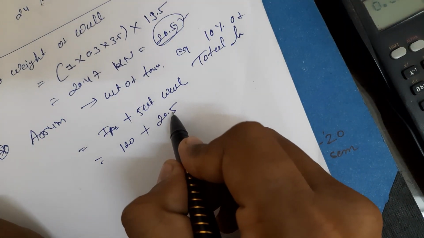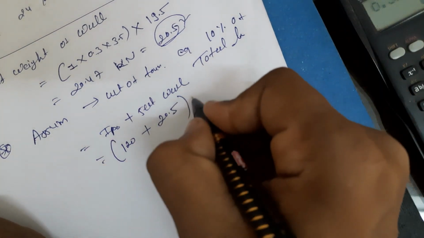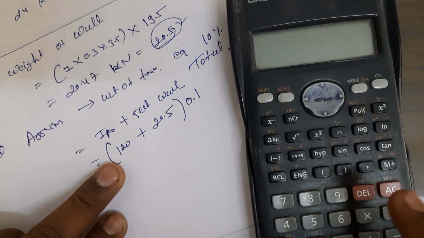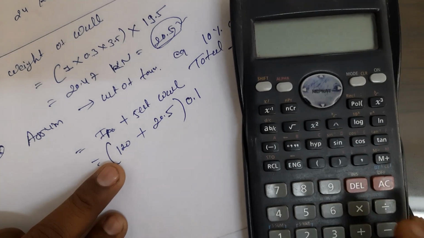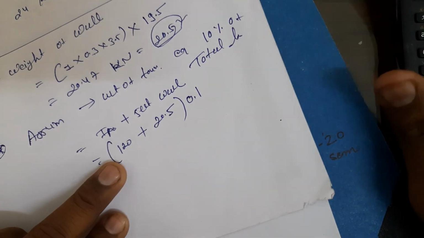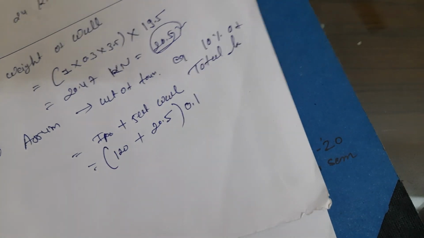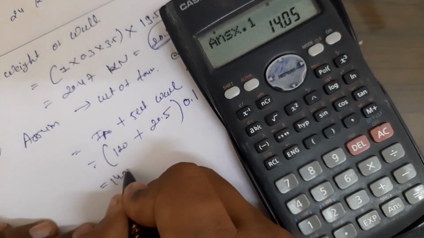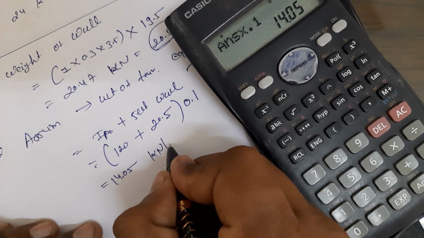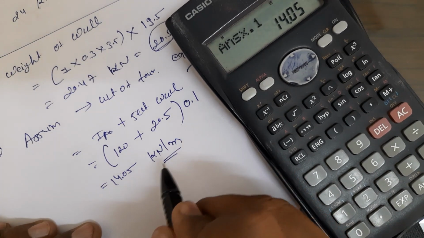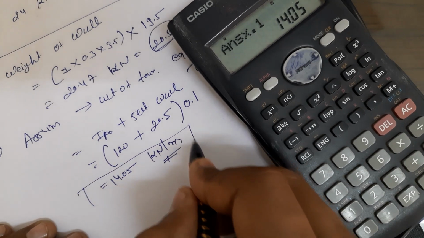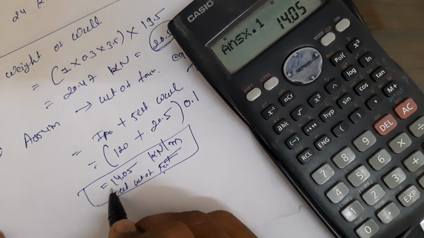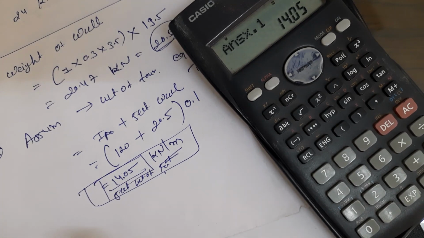Multiply with 10%, so 0.1 into 120 plus 20.5, and the value is 14.05 kilonewton per meter, per 1 meter length. This is the assumed self weight of the foundation.